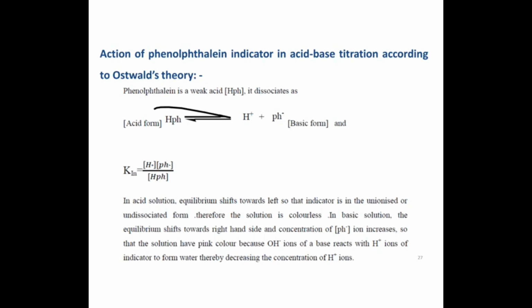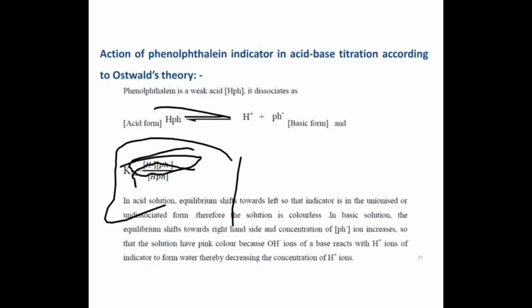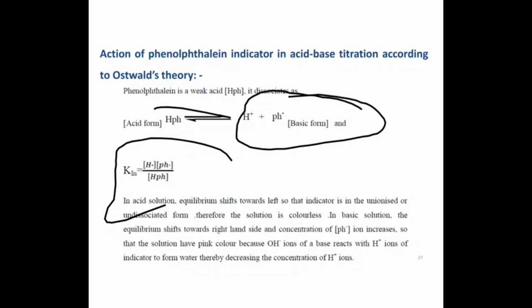The constant previously discussed, K in, is the product divided by reactant, from the equation. So it is H plus into PH minus divided by HPH.